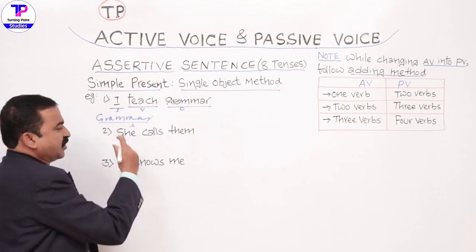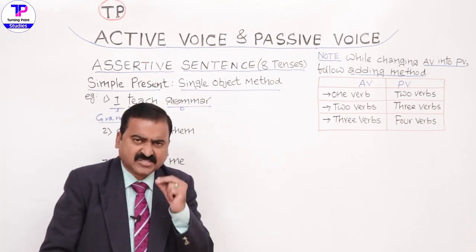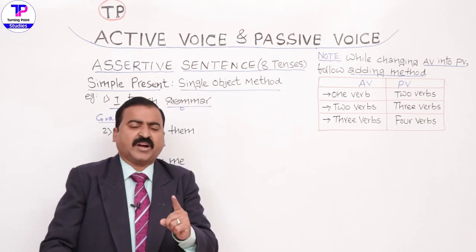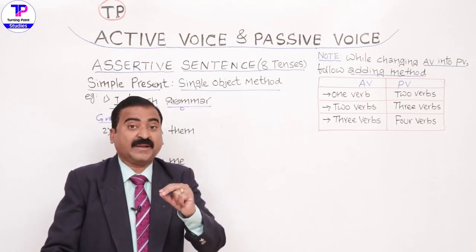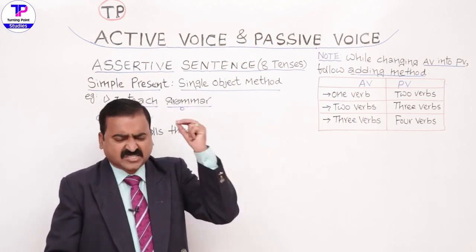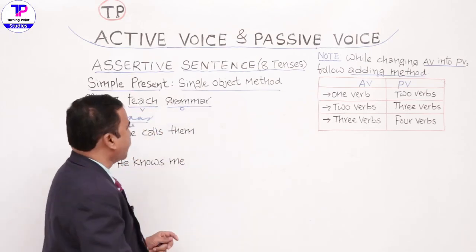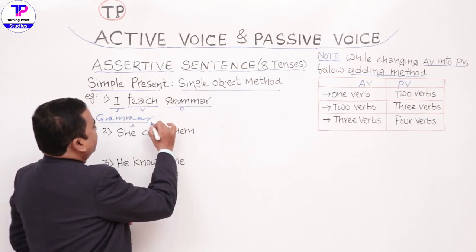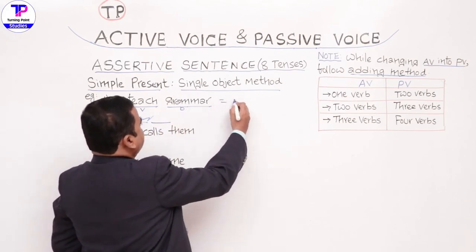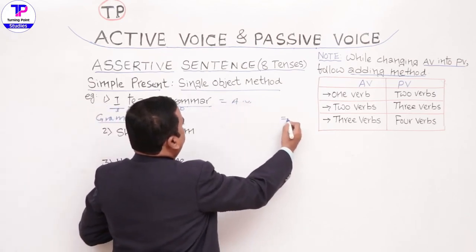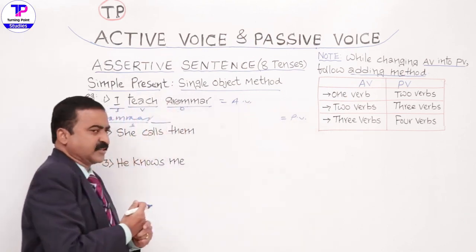After writing subject, it is a must for you to introduce the helping verbs of B forms. It is compulsory to introduce the helping verbs of B forms. So, as soon as you write the subject, as this is active voice, you have to convert it into passive voice.